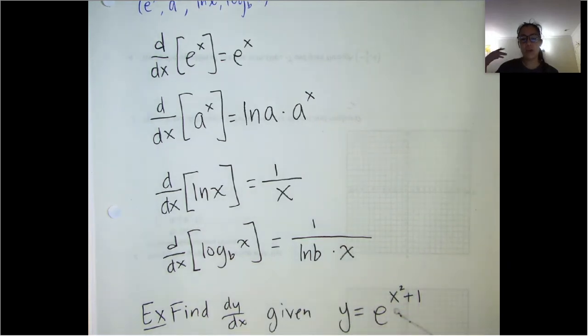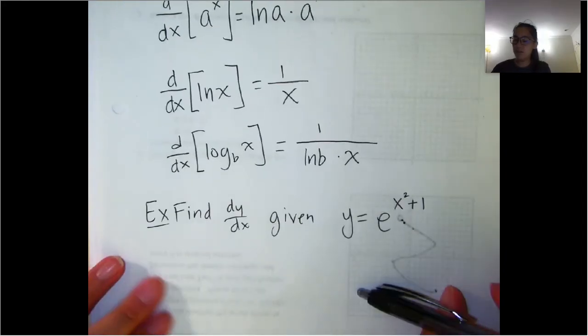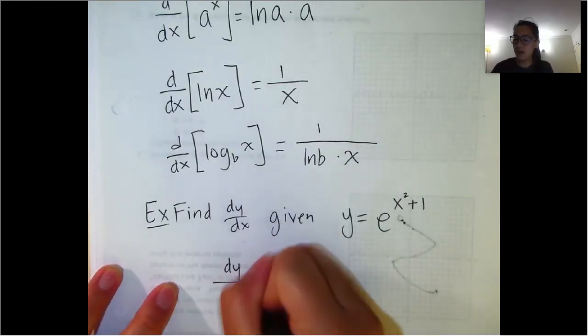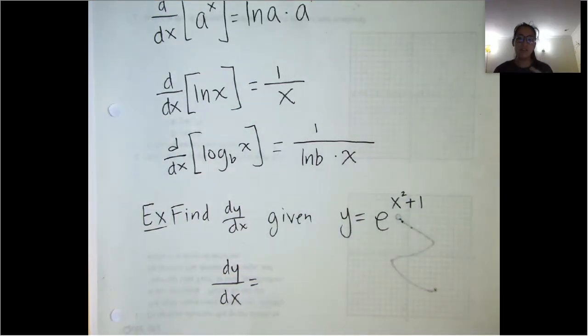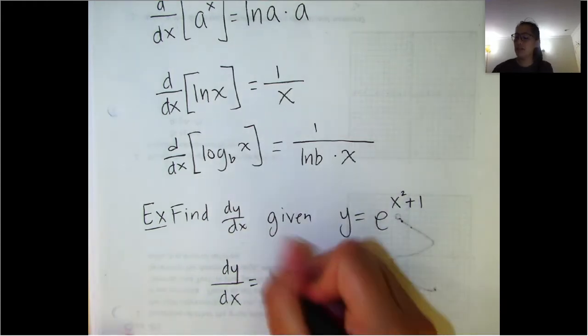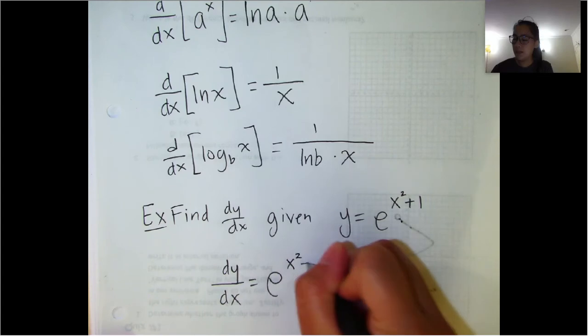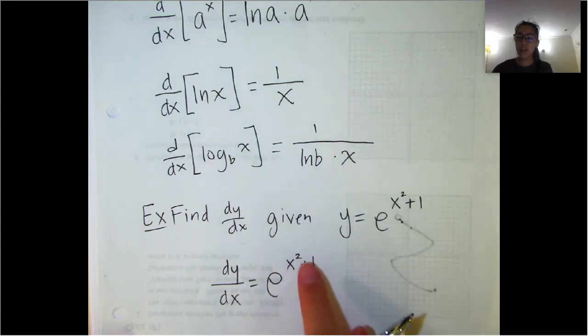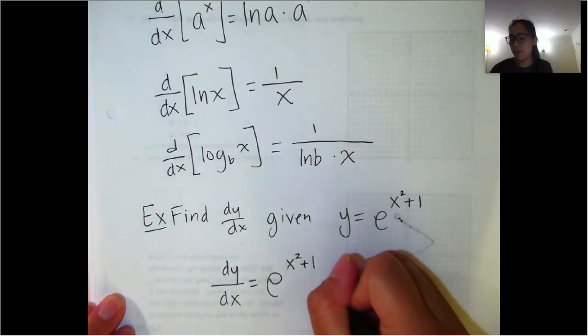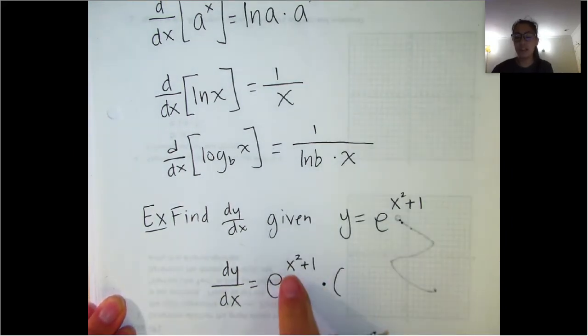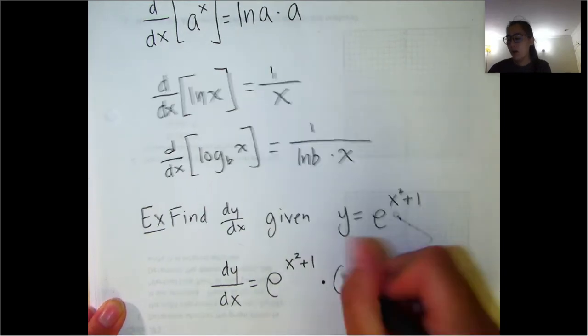So we know we have to use the chain rule because there's a function inside of a function. Taking the derivative of both sides, dy/dx equals, and the derivative of e to the something is just e to that same something. So we do e to the x squared plus 1. But since we treated this as if it was not there at all, that's the chain rule. That's an inside function, so you have to multiply by the derivative of the inside function. What's the derivative of x squared plus 1? That's just going to be 2x.